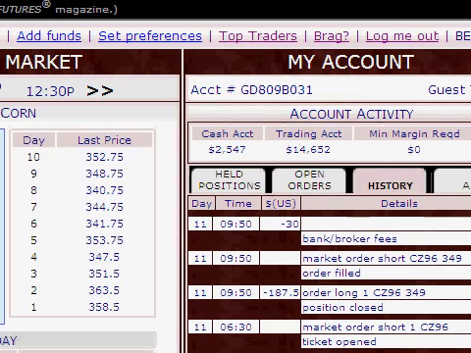So let's do a recap of the math. We went long on 5,000 bushels of December 96 corn at $335.75. After 4 days, we went short on 5,000 bushels of December 96 corn, and the price was $349.